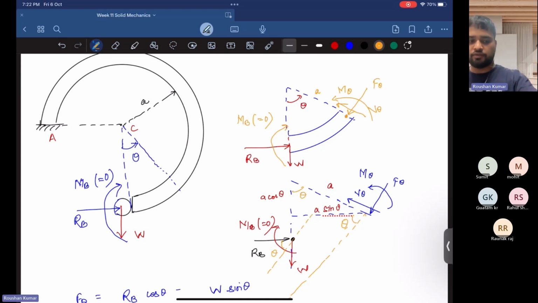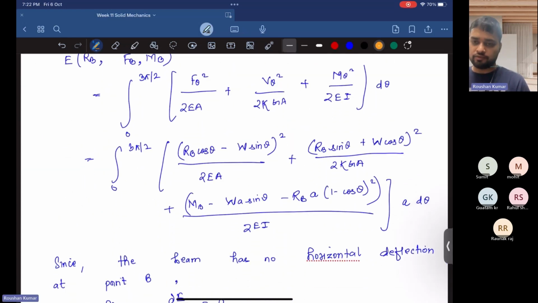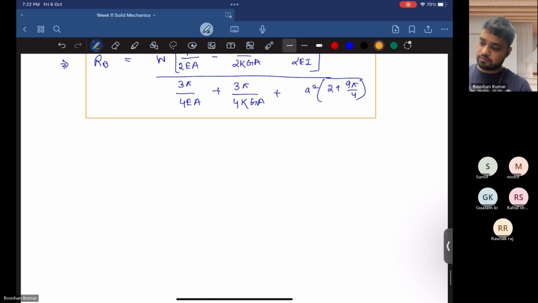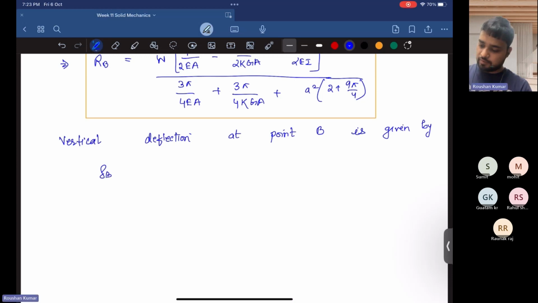So we will be using this equation, that is we take the derivative of total energy with respect to the vertical load W. Using that, we will get the value of vertical deflection at point B. So vertical deflection at point B is given by delta B equal to del E upon del W.